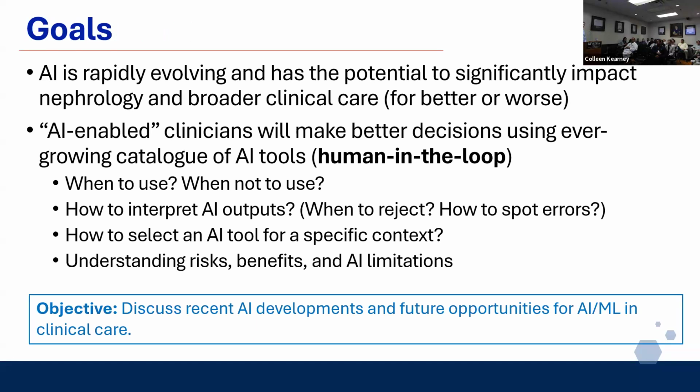One of my goals today is to provide a base level of knowledge about what AI is, what AI can do, and what AI can't do, so that you can become AI-enabled clinicians: clinicians who know how to use it, know when not to use it, what contexts make sense, which tool to choose, how to interpret the results, when to reject the results, and when to spot an obvious error. I think these are all really important questions that a true AI-enabled clinician will be able to answer.